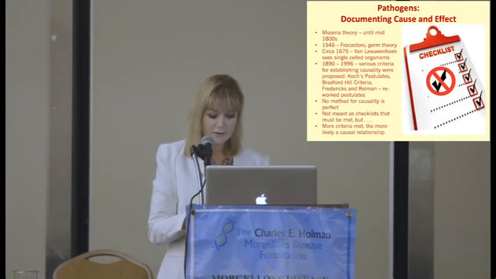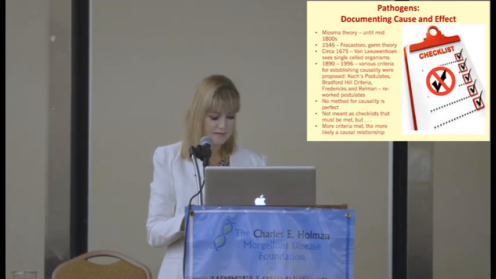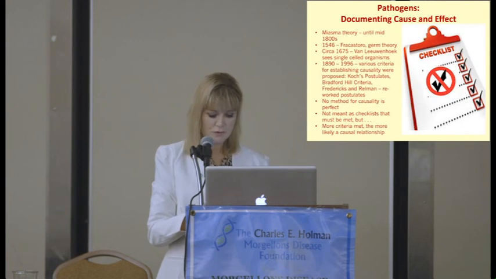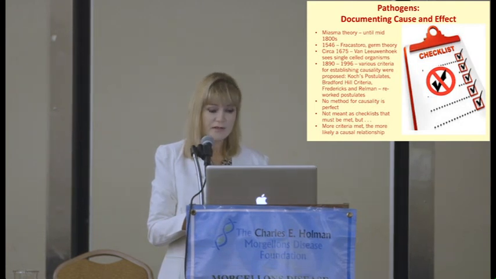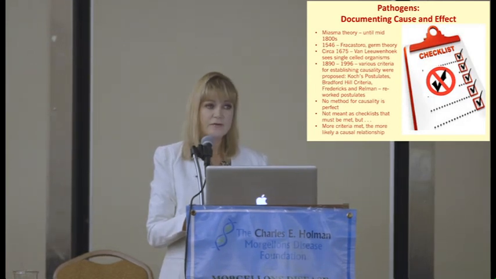Van Leeuwenhoek first saw bacteria in the 1600s, but he called them little animalcules, and he felt that they might be associated with disease, but he wasn't able to demonstrate a causal relationship at that time. Therefore, the miasma theory remained the prevailing thought of infection until the mid-1800s, 300 years after Fracastoro had first proposed differently.